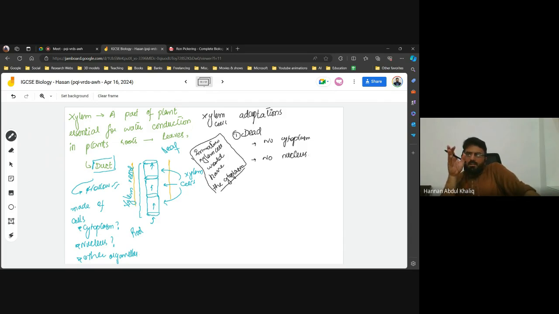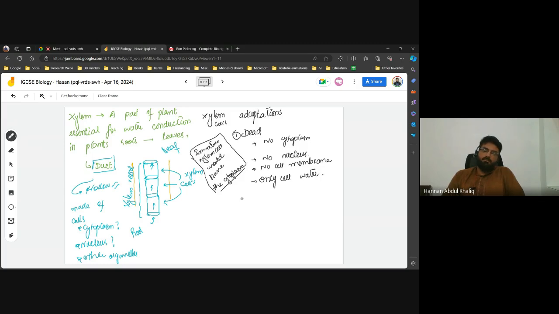If the water enters into the cell, no cell membrane, no nucleus, no cytoplasm, only cell wall is present, then wouldn't it be immediately leaking from the cell? Yes, it would be immediately leaking from the cell.